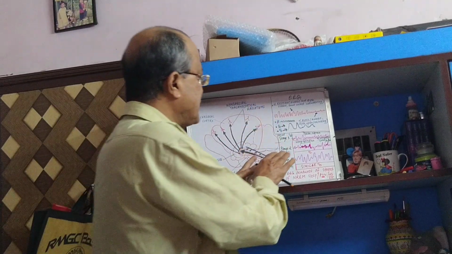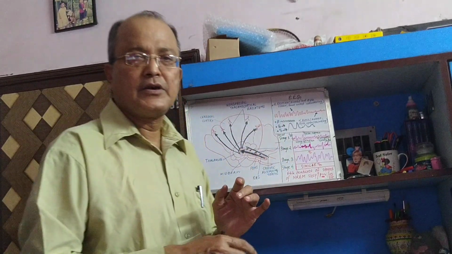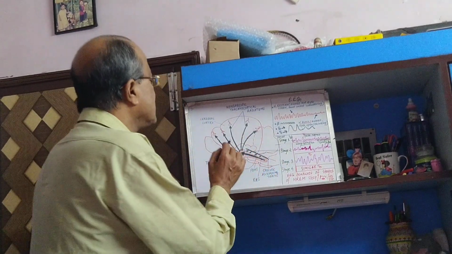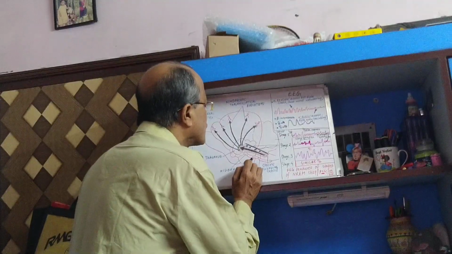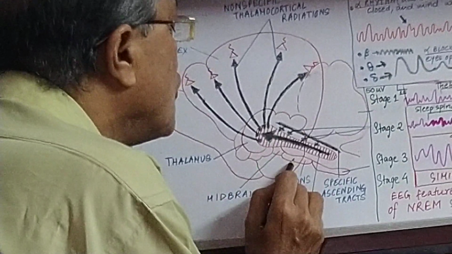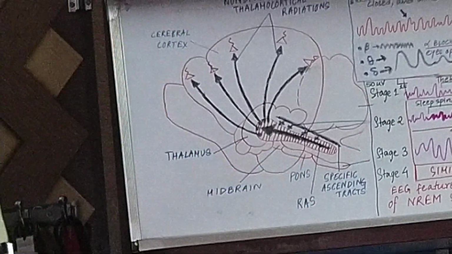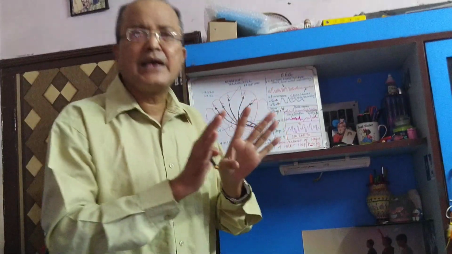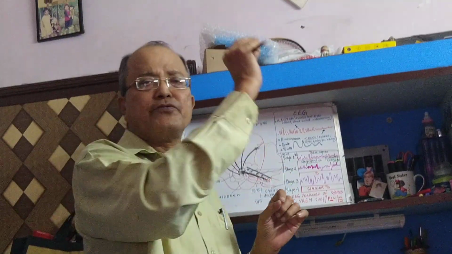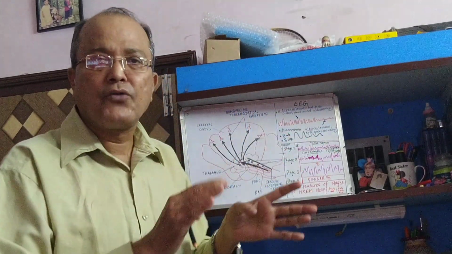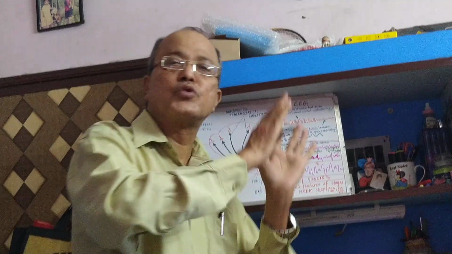On the contrary, REM sleep occurs as a result of another nucleus which is situated in the mid pons, known as the locus coeruleus, and that locus coeruleus discharges noradrenaline as a neurotransmitter via some fibers, which causes the switching over of NREM sleep to REM sleep.